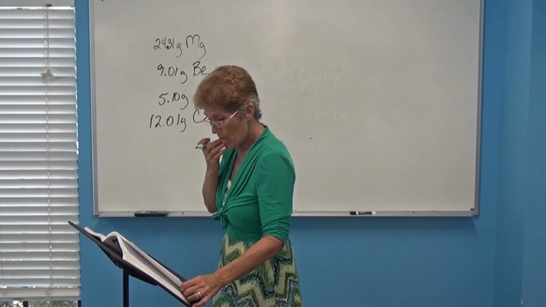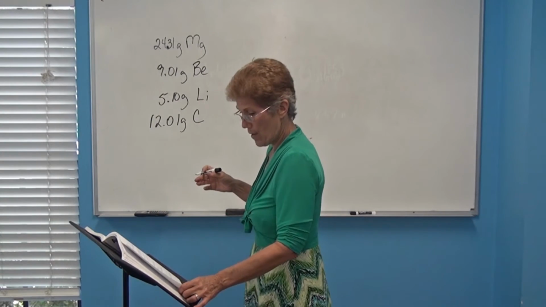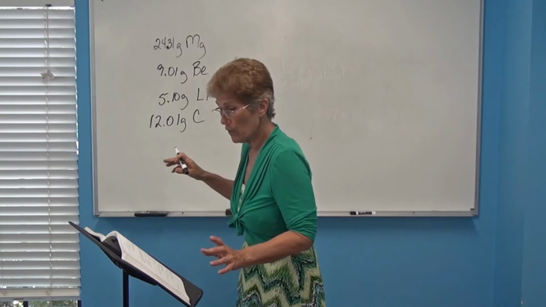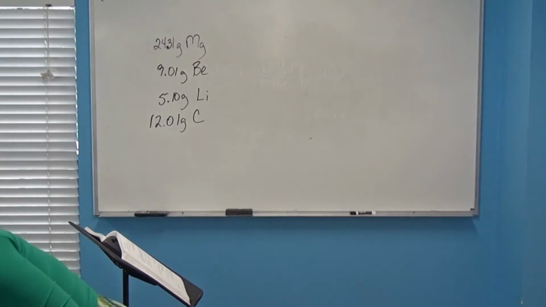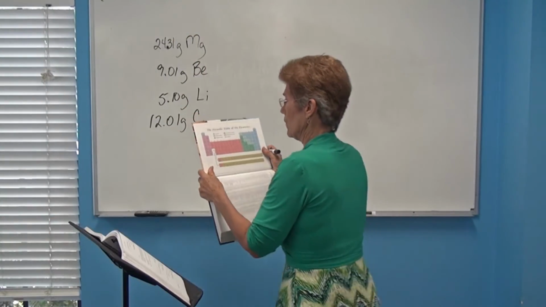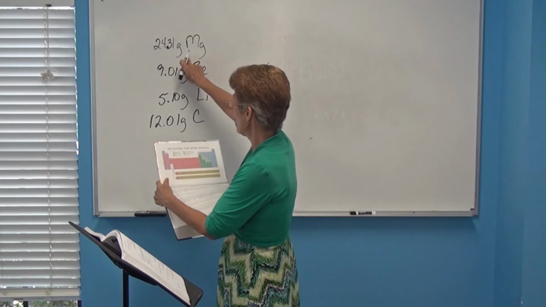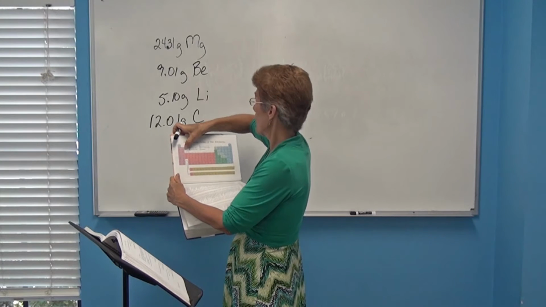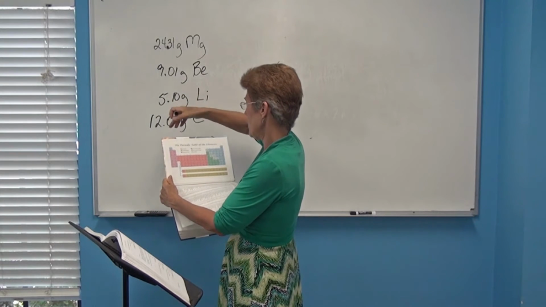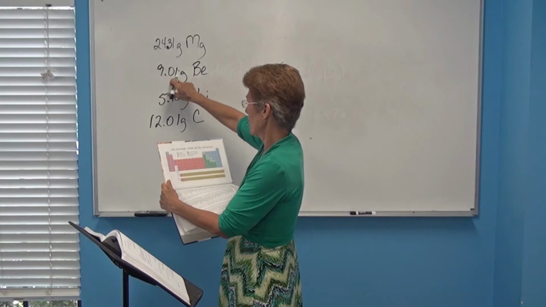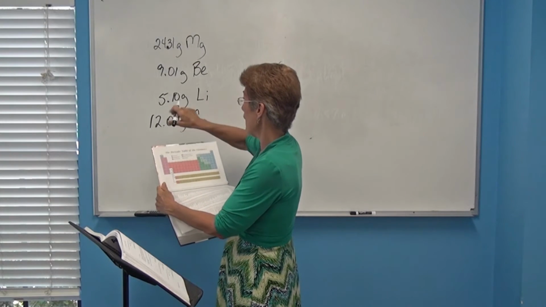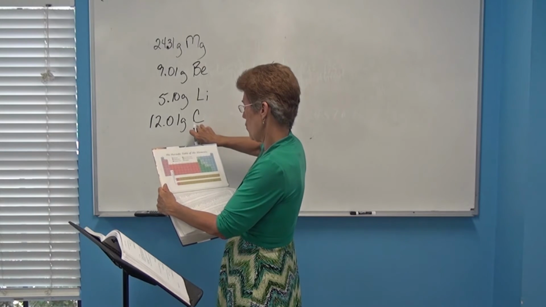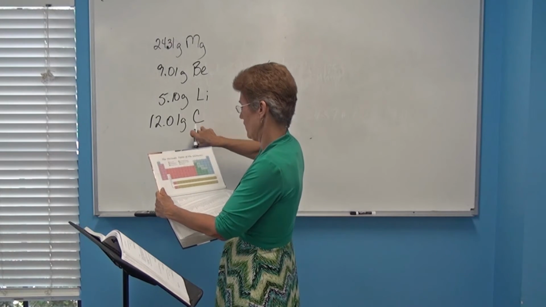Now, right away, I can tell you that, if you look at your periodic chart, that's a mole of magnesium. It's right there. That's a mole of magnesium. And beryllium, that's a mole of beryllium. And lithium, that's less than a mole of lithium. And carbon, that's 1 mole of carbon.